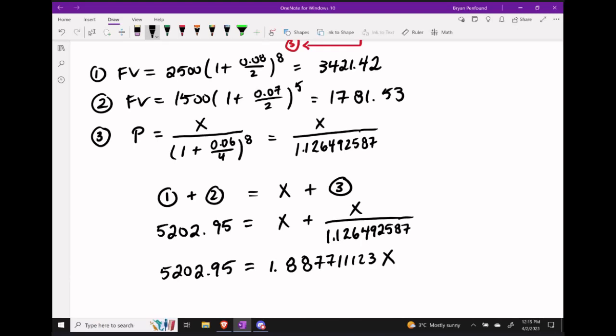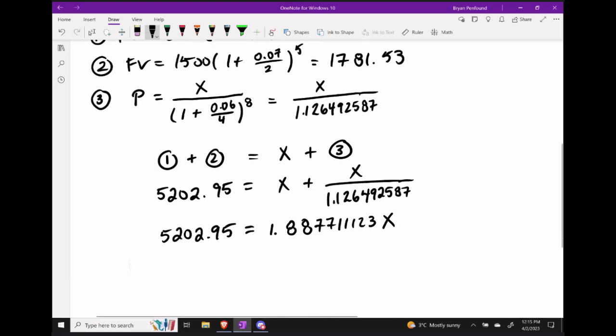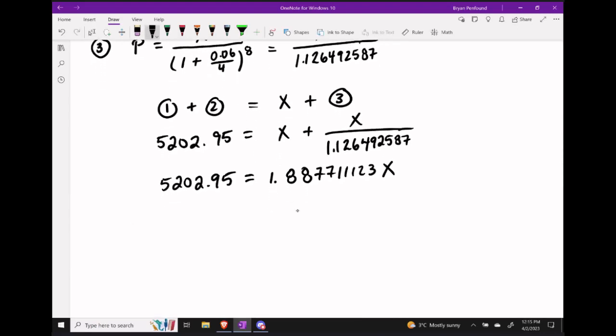And that's going to be our new coefficient for x. So in order to finish off this question and get x by itself, or isolate for x, we should divide both sides by this decimal number. Doing that gives about $2,756.22.